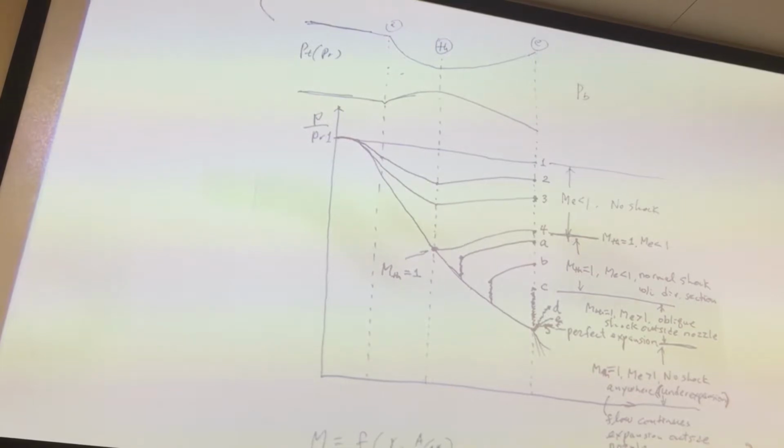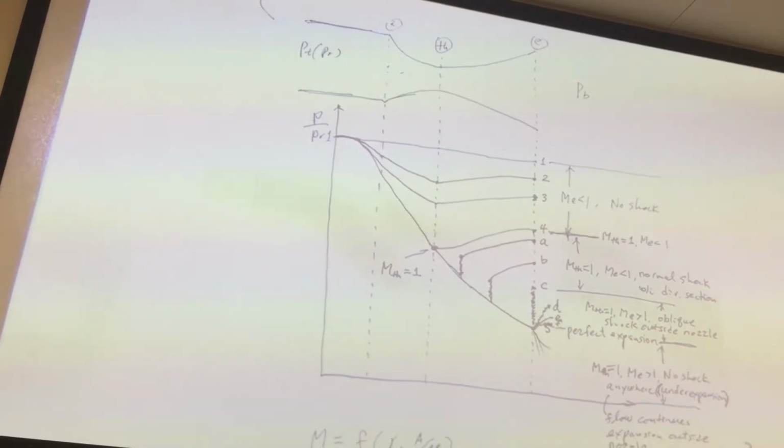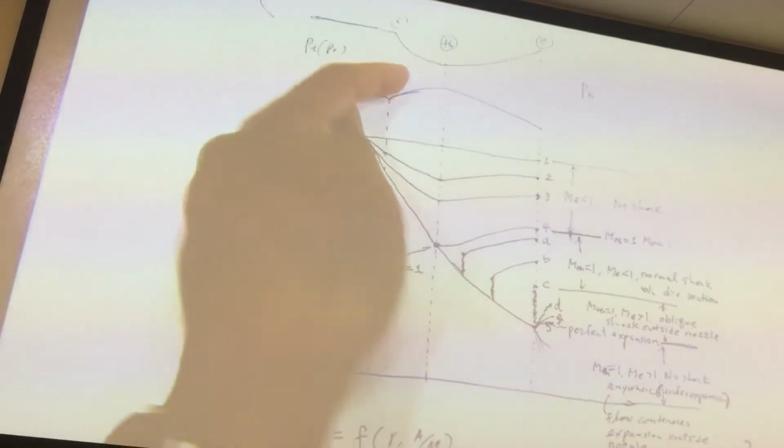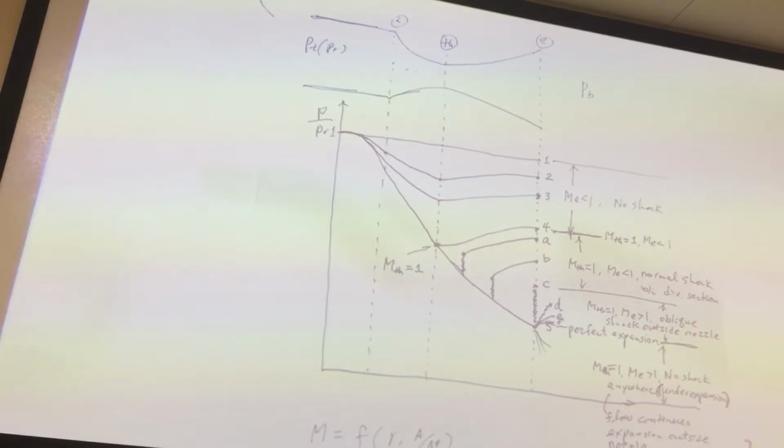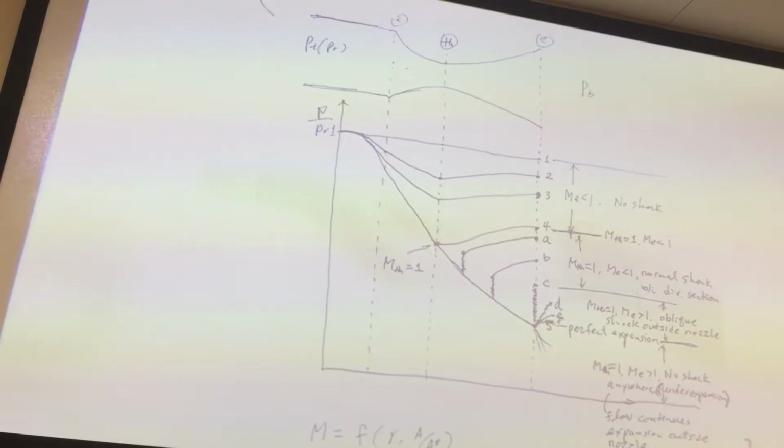But to answer your question, in a supersonic diffuser or supersonic inlet, you will have a flow coming in supersonic, not like here, where the flow comes in subsonic. Let's say I know the inlet area and I know the throat area. If the throat area is not small enough, then you may still have supersonic flow at the throat, because your inlet area divided by your throat area should give you one Mach number, one only, right?